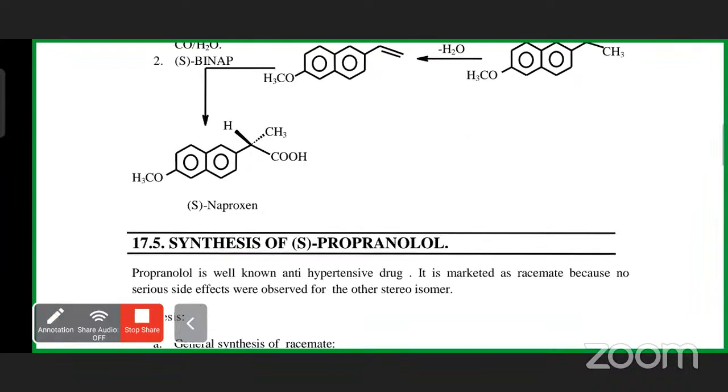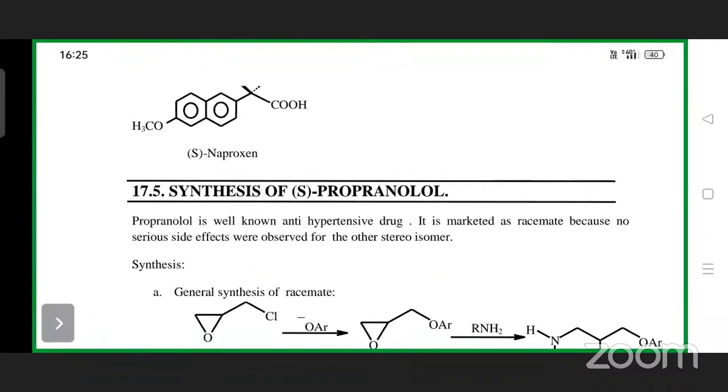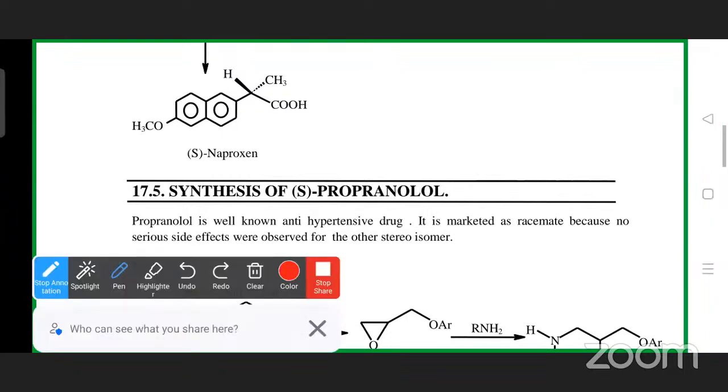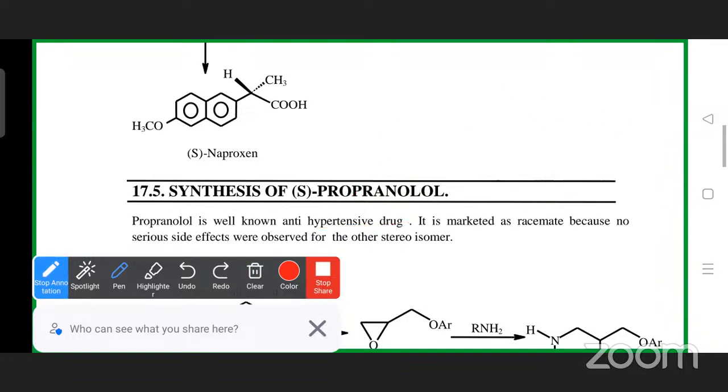Okay, and next is the synthesis of S-propranolol. So S-propranolol is an anti-hypertensive drug here, right? It is a beta blocker, right? It is a beta blocker and anti-hypertensive drug. Generally here, it is marketed as the racemic mixture because of the conditions, right?